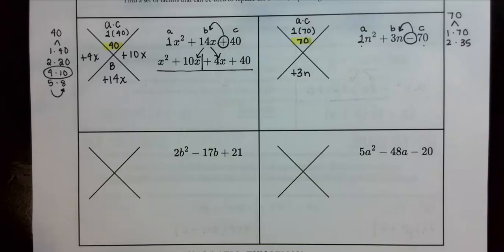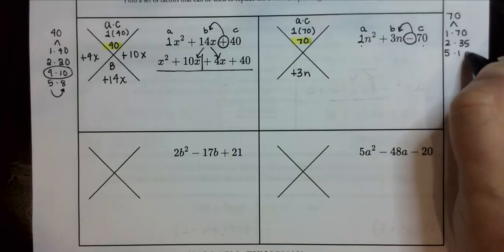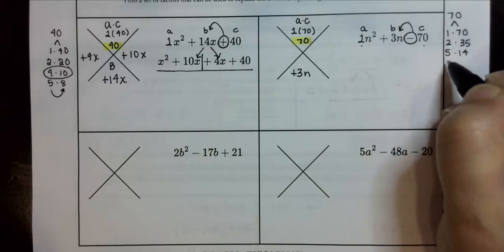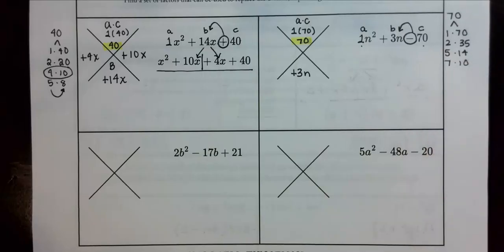So I'm skipping anything until I find a whole number. All right, I know 70 can be divided by 5, and so it's going to be 5 and 14. 70 divided by 6, nope. 70 divided by 10 is 7, so we're going to say 7 and 10.